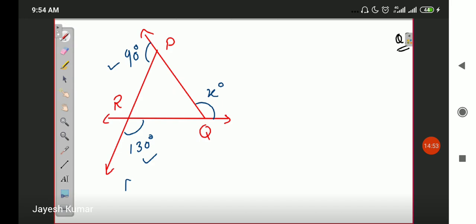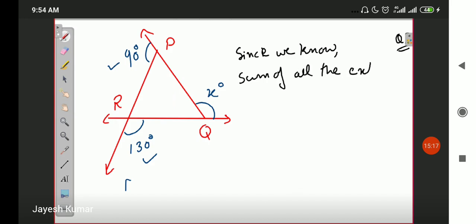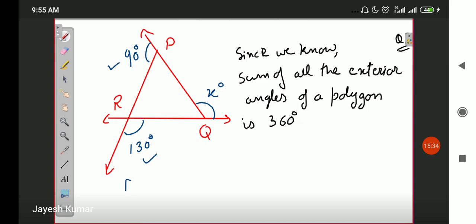Now, how to solve this one? We will simply state that for this triangle, since we know that the sum of all the exterior angles of a polygon is 360 degree, that means 90 degree plus 130 degree plus x should all be equal to 360 degree.